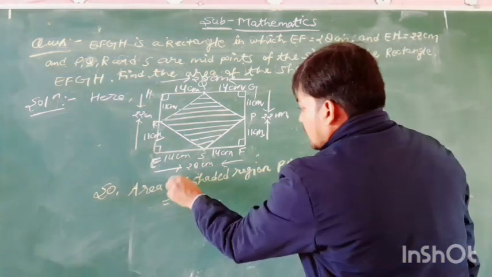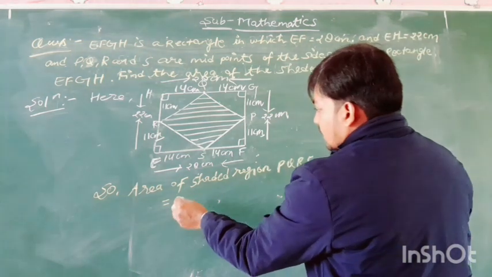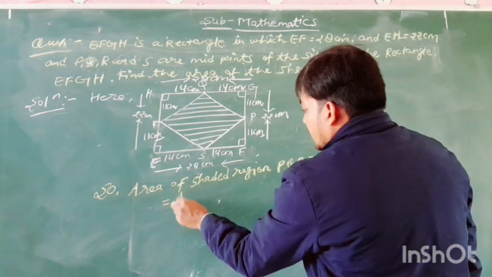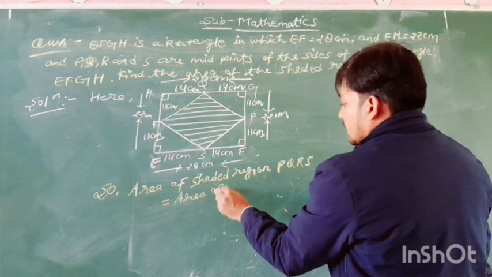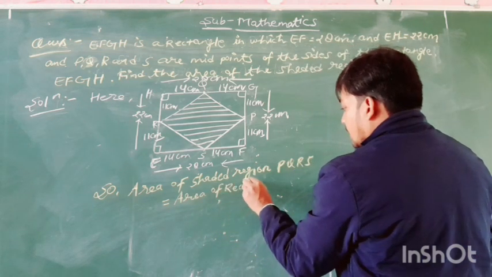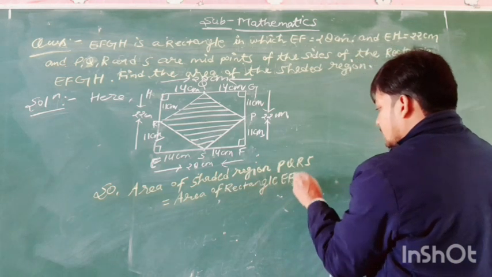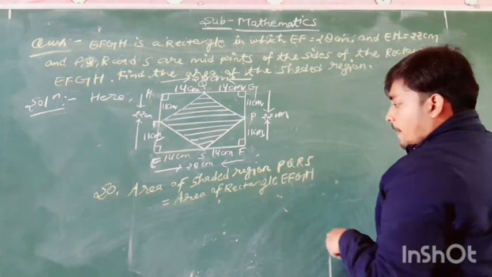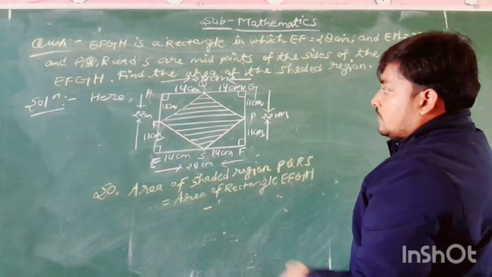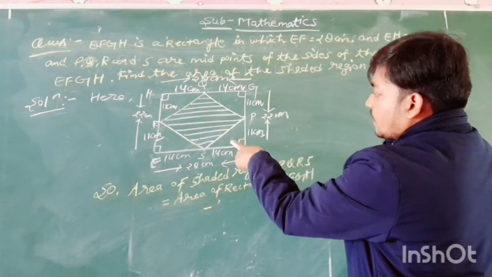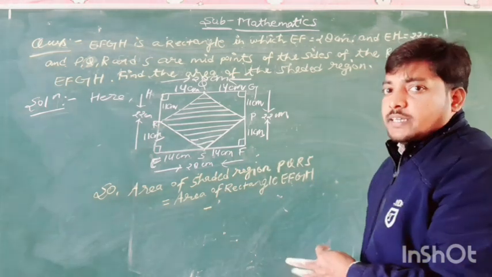So area of shaded region PQRS is equal to area of rectangle EFGH minus four triangles which are the same in area.